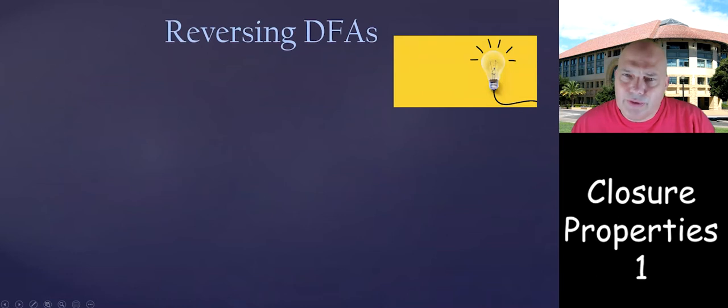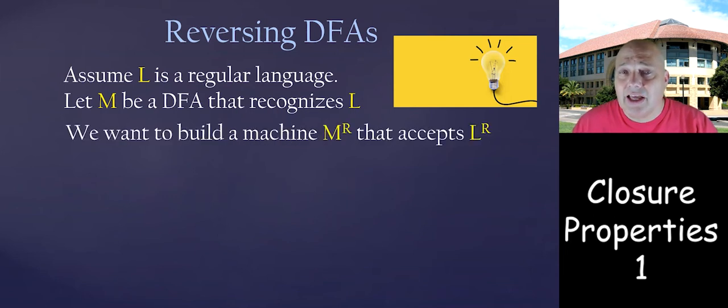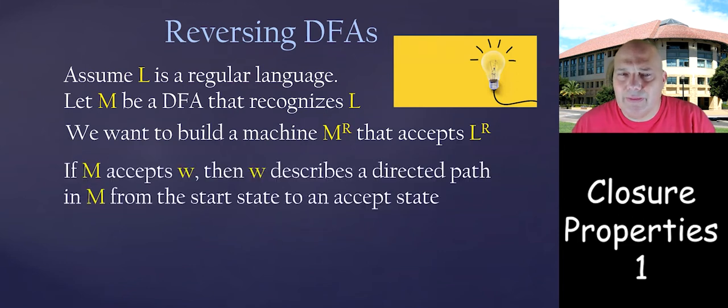So how are we going to reverse a DFA? The idea is that we assume that L is a regular language, and let M be the DFA that recognizes L. We want to build a machine MR that accepts L reverse. We're just going to try to reverse M. If M accepts w, then w describes a directed path in M from the start state to an accept state.